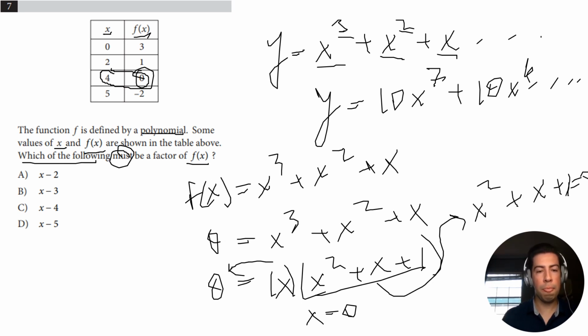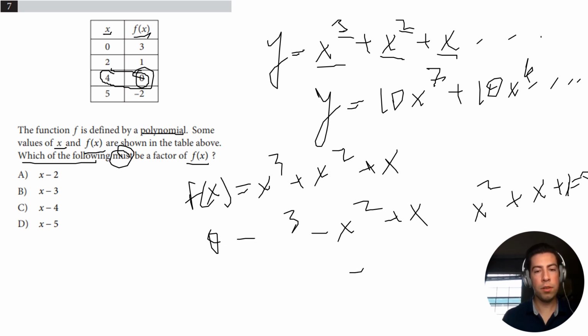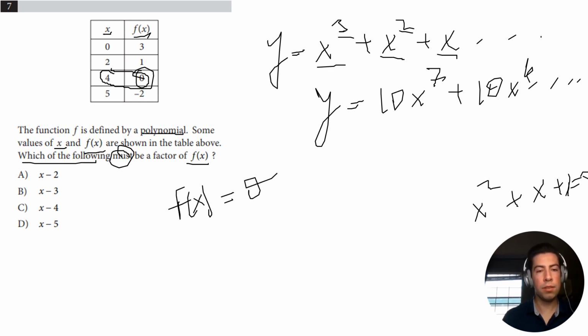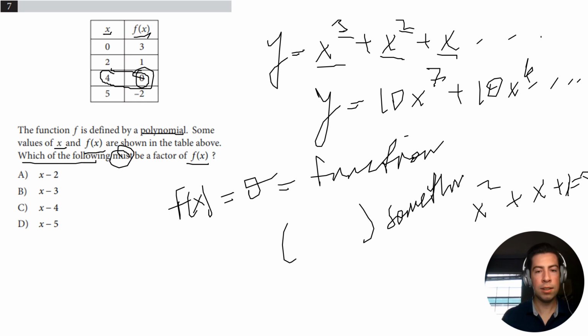Now, here's the question. How do we figure out a possible factor here? The way that you're going to do that is you're basically just going to say, I know that if at some point f of x equals 0, and this equals some function, I know that if I have some factor multiplied by something else, we'll just call it something, and I know that equals 0, then the factor is going to be x plus or minus something.